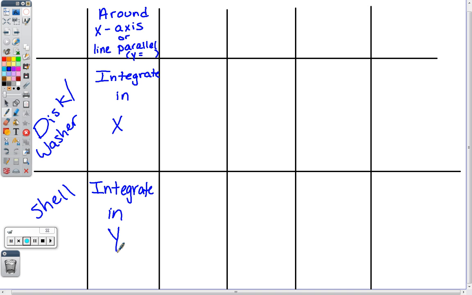The formula. I integrate in x. What does the formula look like?